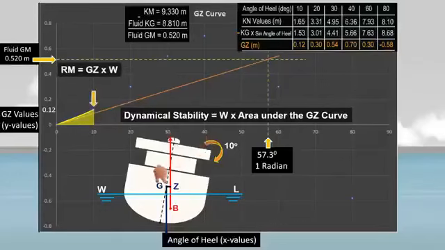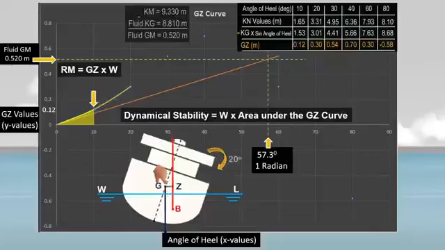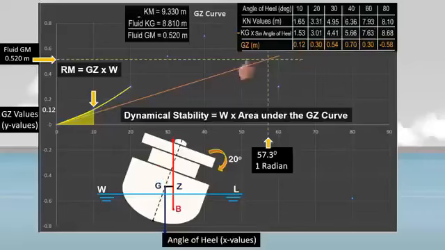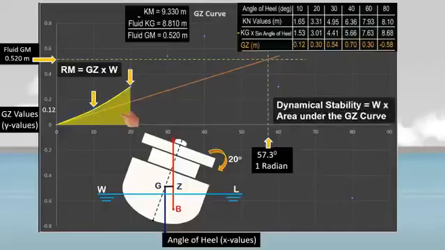Observe the ship's righting lever as she heels at 20 degrees. The righting lever increases to 0.30 meter, and the curve forms up to 20 degrees angle of heel. The area under the curve also increases. So at 20 degrees heel, the moment of statical stability and dynamical stability also increase.